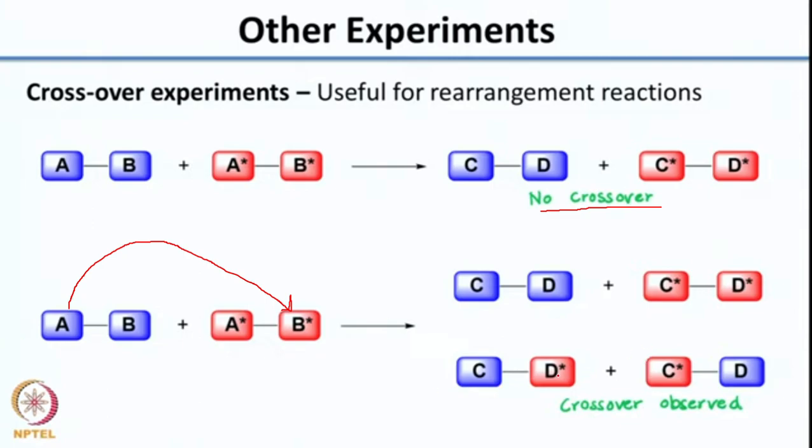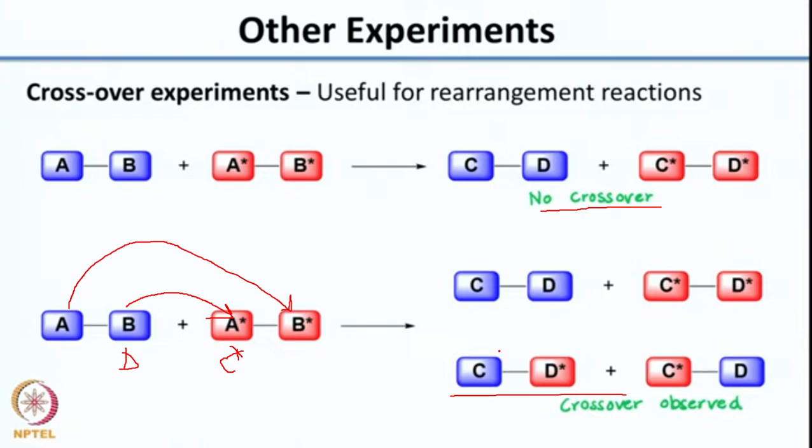D star is representing the B star after product formation, right? This is one possibility, and the other possibility is that this B can react with A star, so it will give you C star and D. This B is giving a D and this A is C star, correct? So this is called a crossover product.